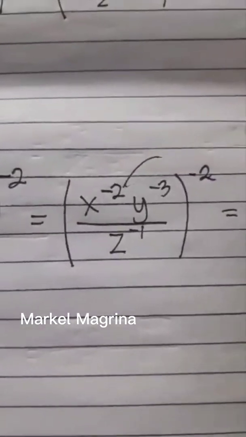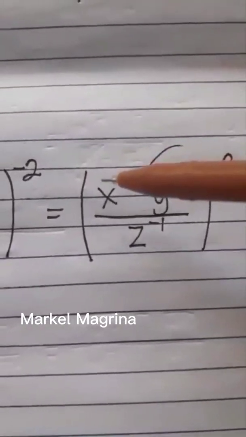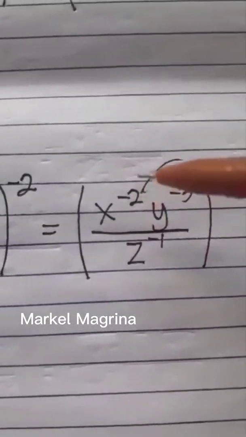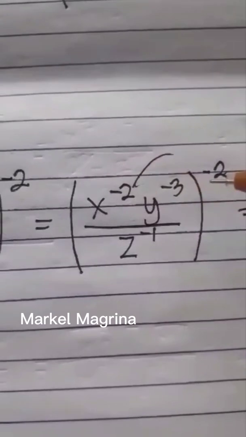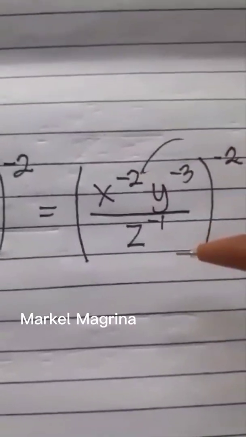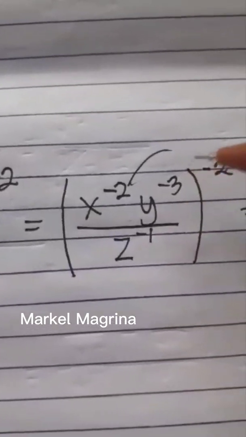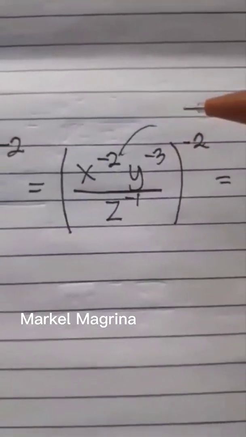Then the equation that remains is quantity x to the power of 2, y to the power of negative 3, over z to the power of negative 1, quantity to the power of negative 2.